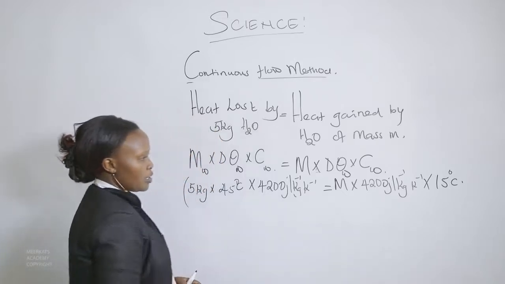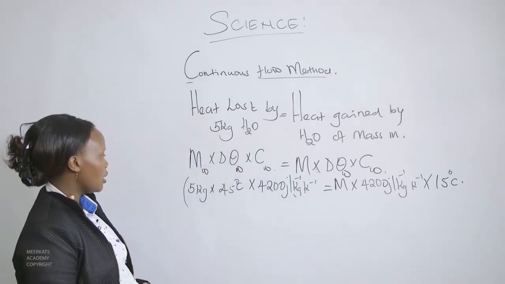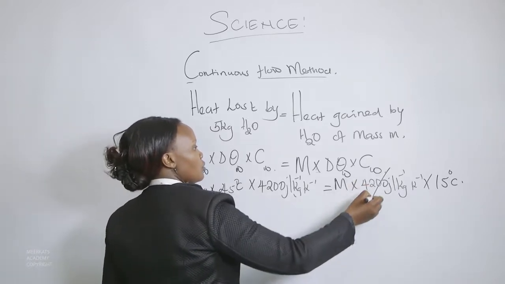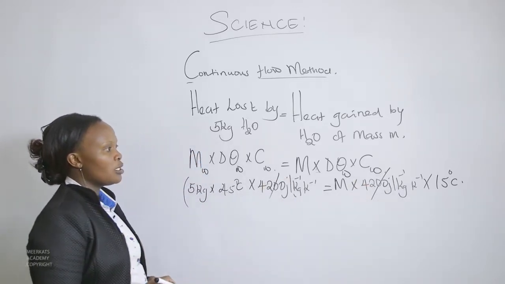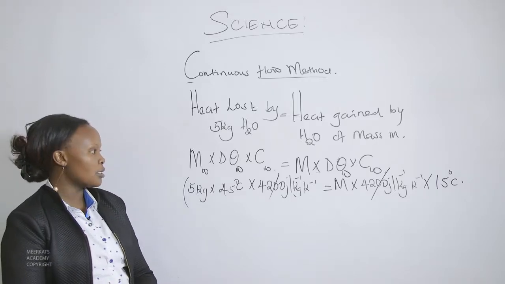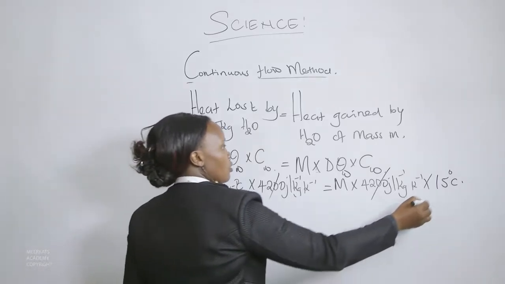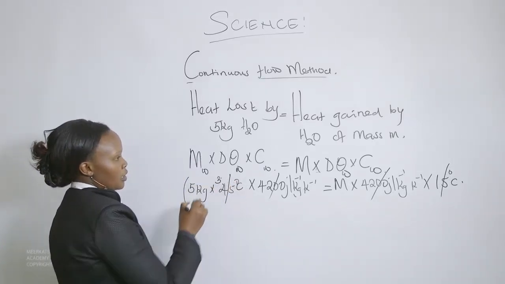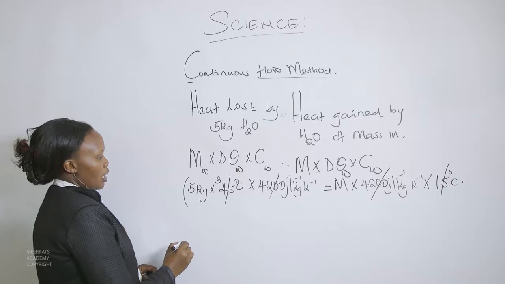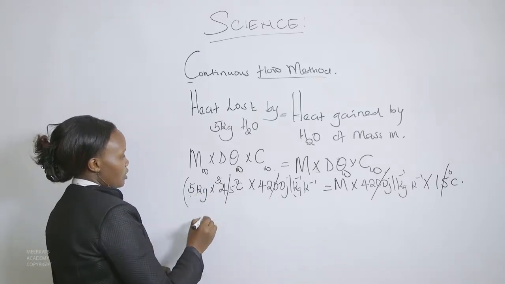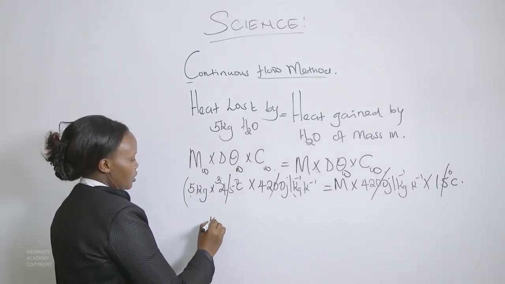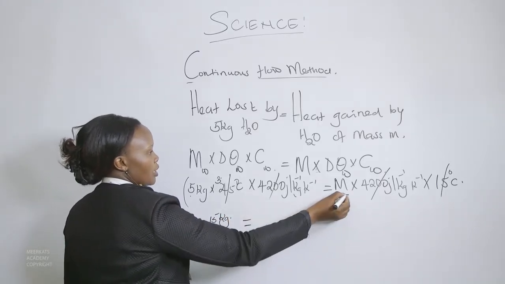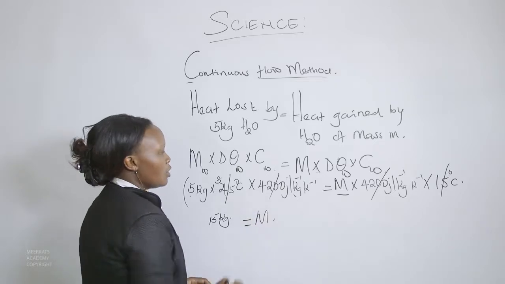Here we can cancel the specific heat capacities. We can also cancel by 15 and 3, so that our 5 times 3 is now 15 kgs, which is the mass we were looking for.